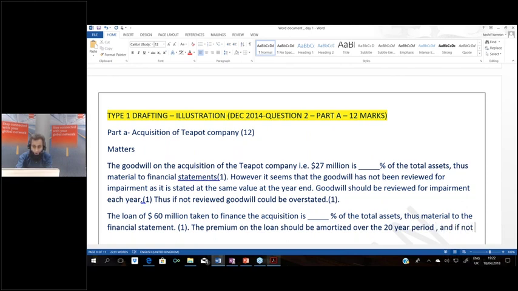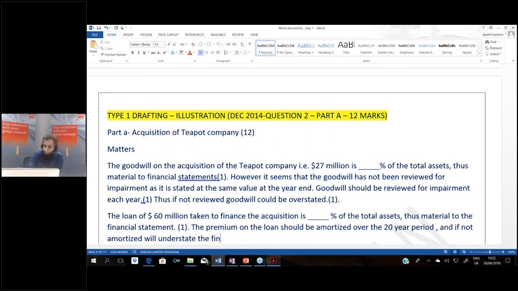and if not amortized, will understate the finance cost, because your total finance cost for every year will be the amortization of the premium as well as the 6% markup.